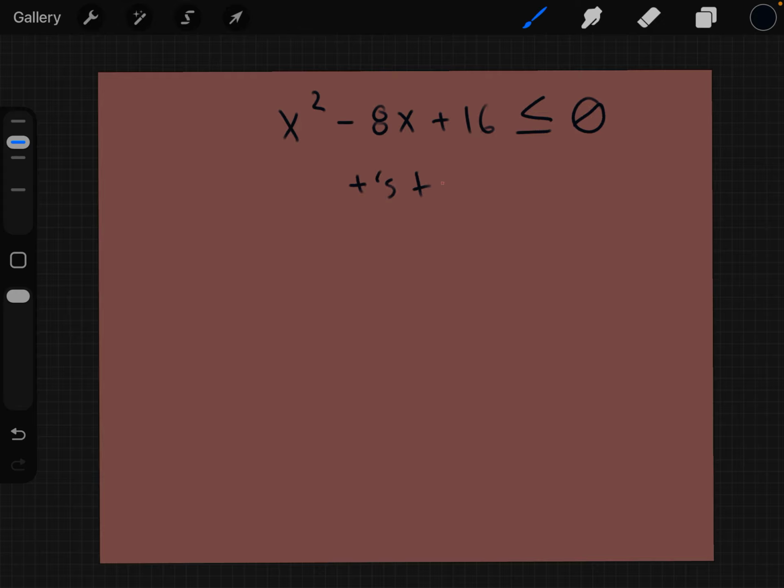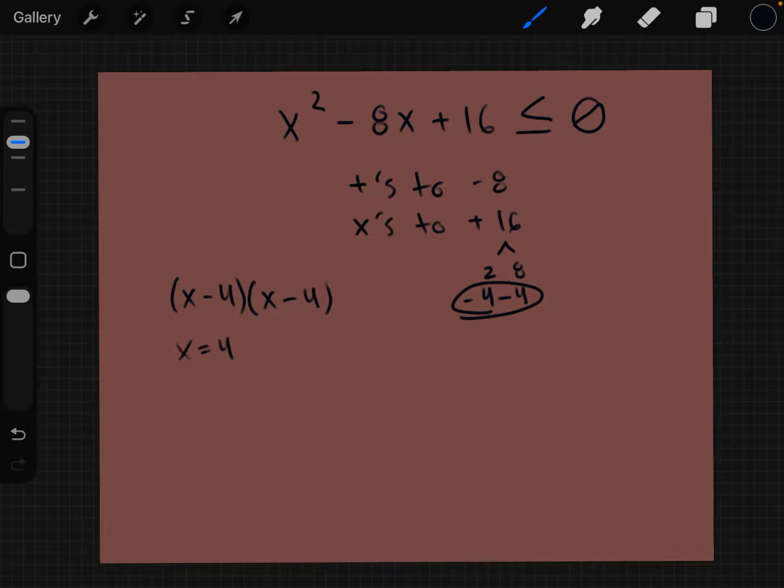What adds to negative 8 multiplies to positive 16. Okay. Set those equal to 0. We're gonna test sections.